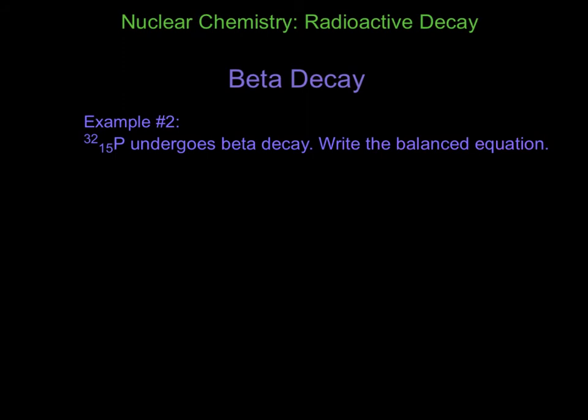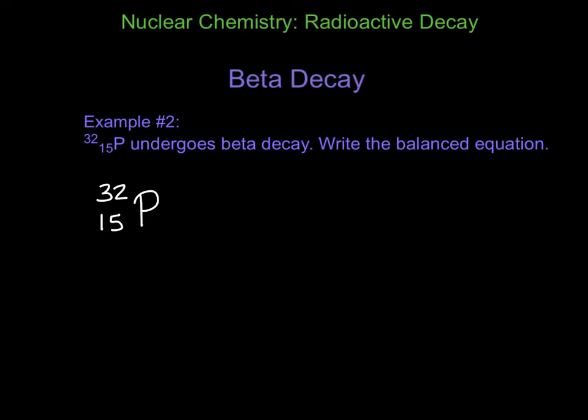So let's take a look at a practical example using beta decay. Example number 2 asks to write a balanced equation for the beta decay of phosphorus-32. So we've got our phosphorus undergoing beta decay.